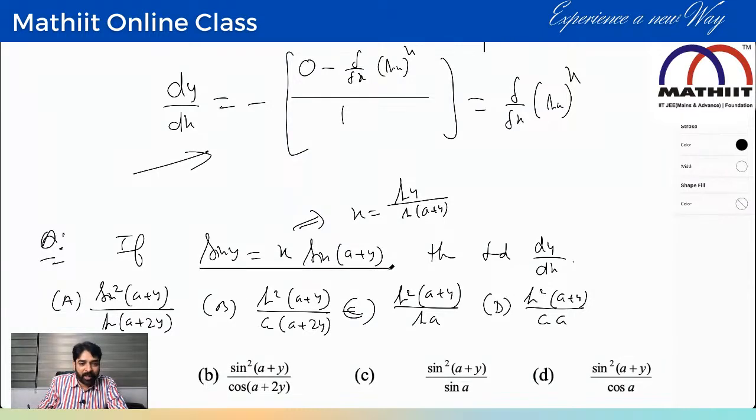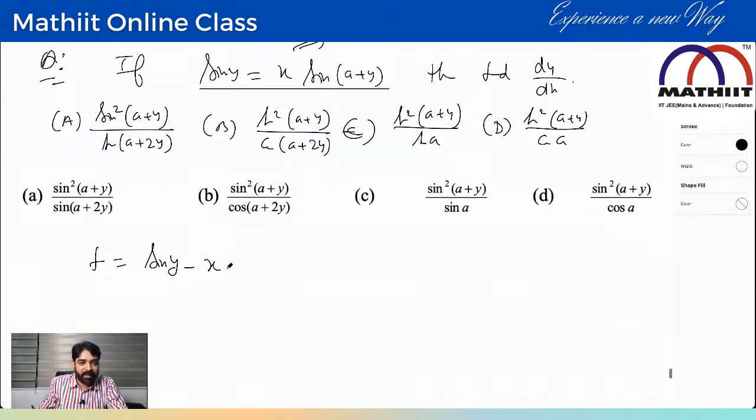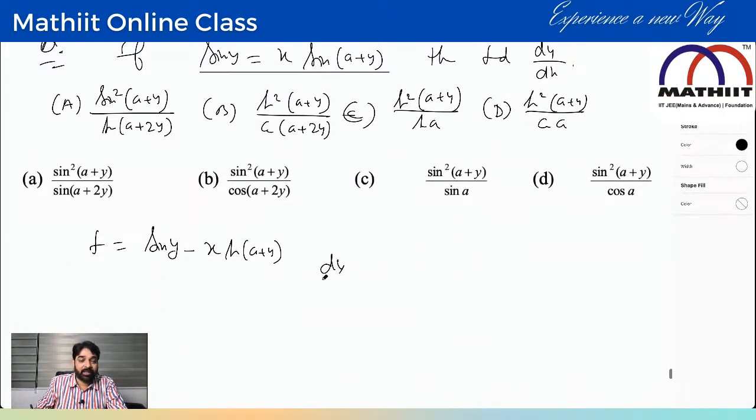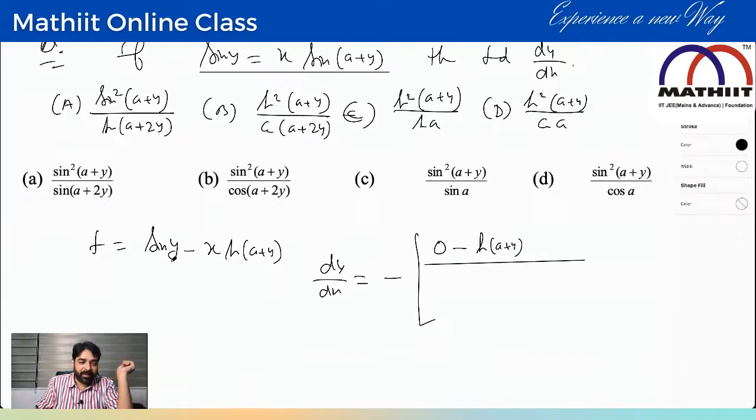Sin y equal to x sin(a plus y), that is, sin y minus x sin(a plus y). So dy by dx will be minus of the differentiation of this, cos y minus x, which is constant, sin(a plus y), divided by the differentiation, cos y minus x is constant cos(a plus y) into the differentiation of a plus y.